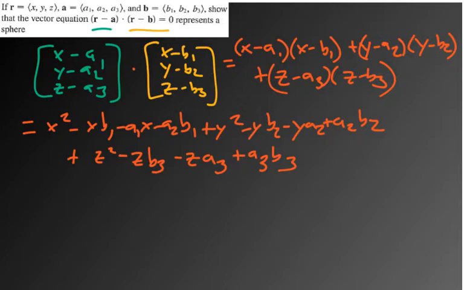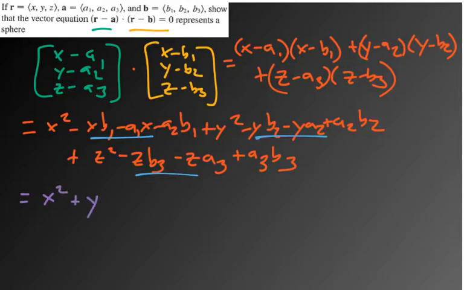So now what I'm going to do is group some like terms. You have some x terms here, you've got some y terms here. So basically I'm just grouping these ones, and these ones. And then that would turn into, let's do a different color, x squared.